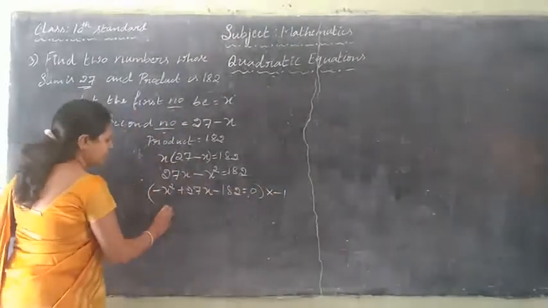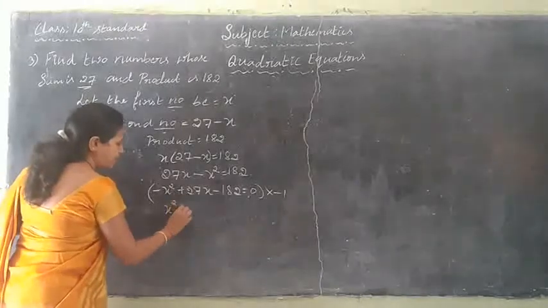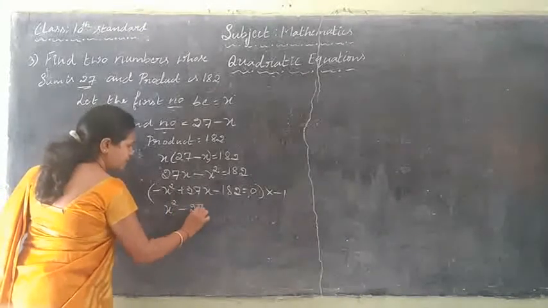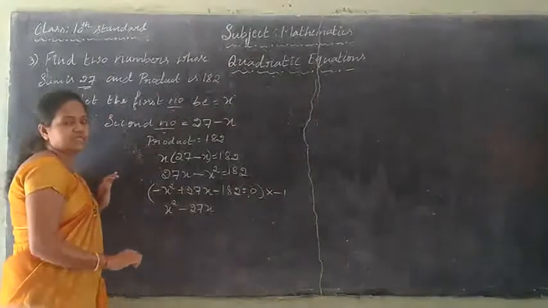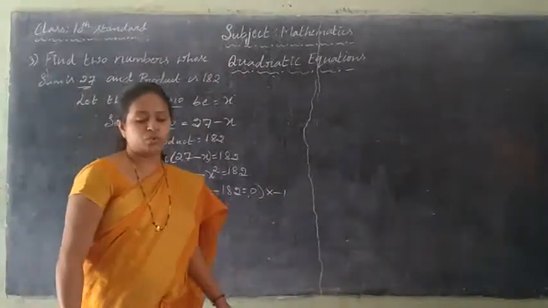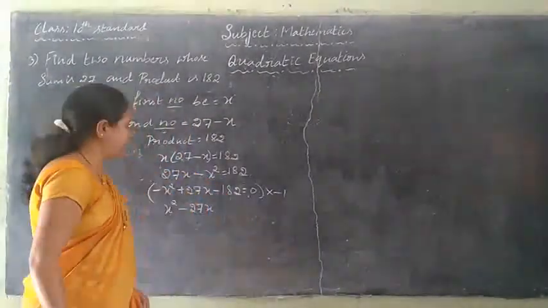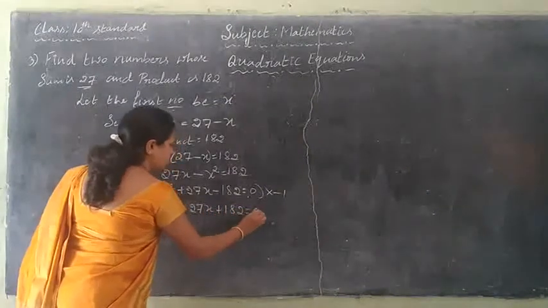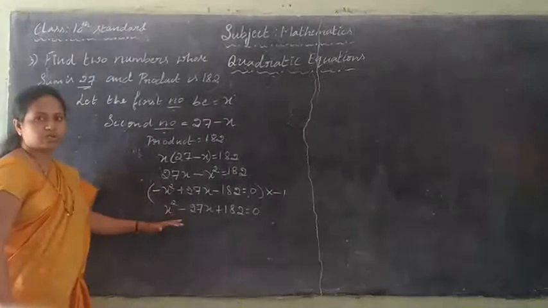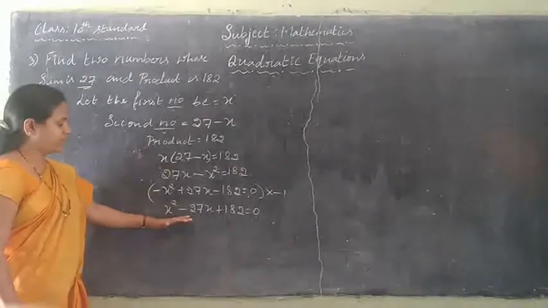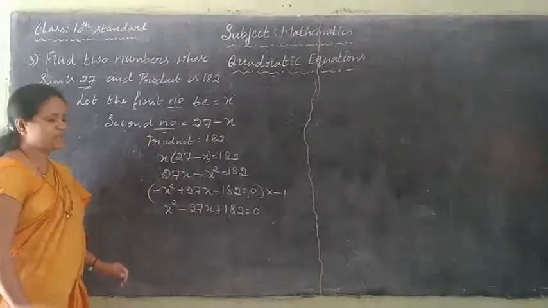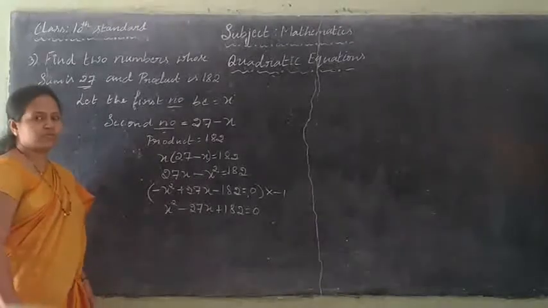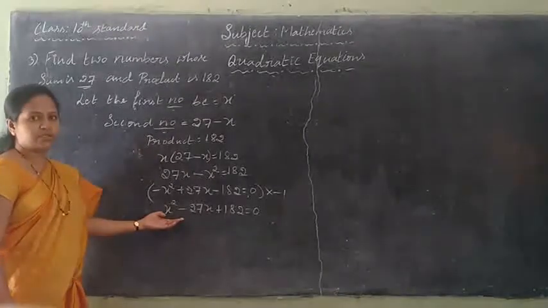So minus minus cancels. x square plus will become minus 27x. Minus 182 will become plus 182 is equal to 0. So we got the quadratic equation, that is x square minus 27x plus 182 is equal to 0. So now how do we have to solve this?